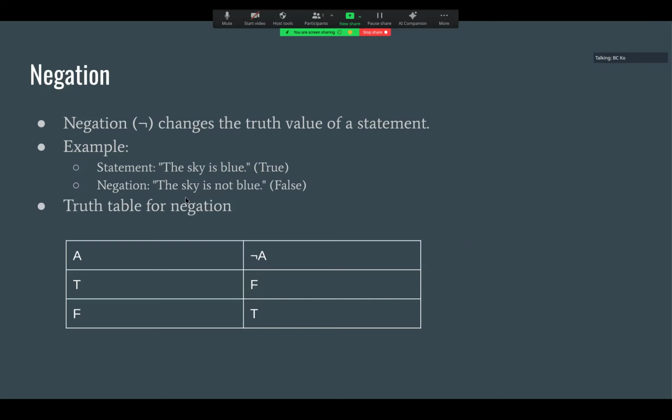If we look at the truth table for negation, we have a column for A and a column for the negation of A. We can see that the negation of a true statement is false and the negation of a false statement is true.